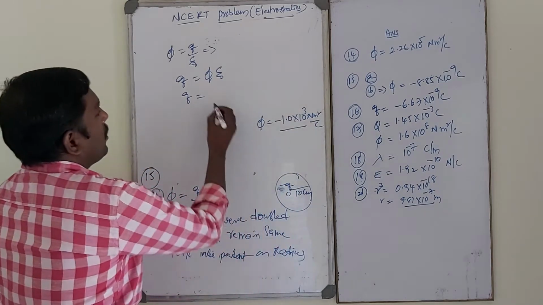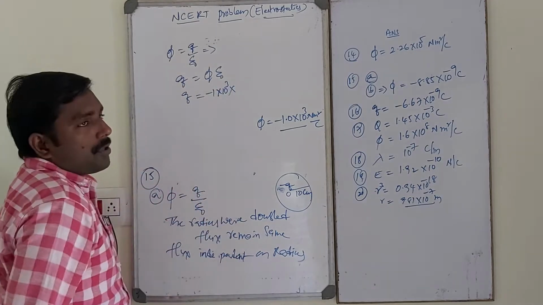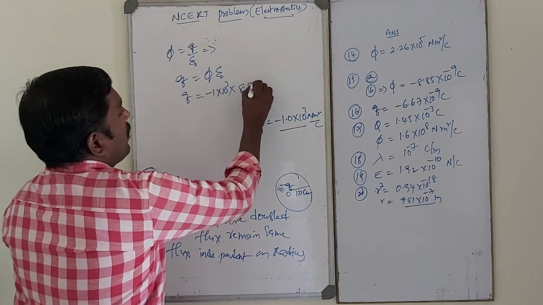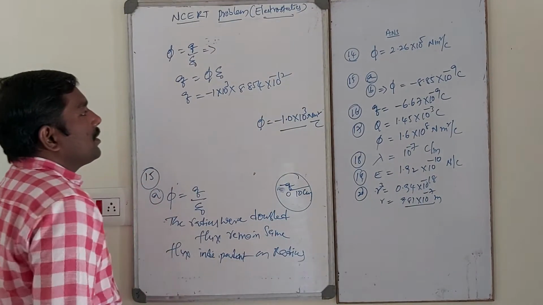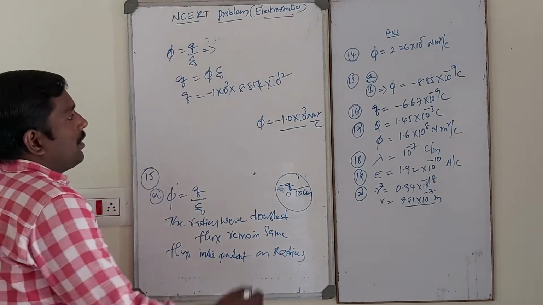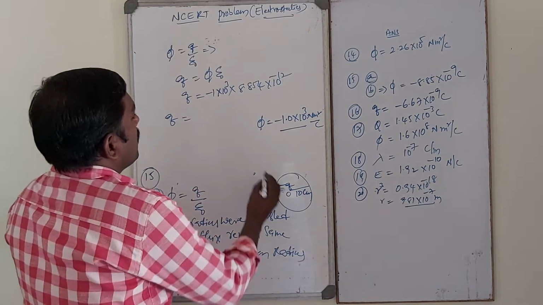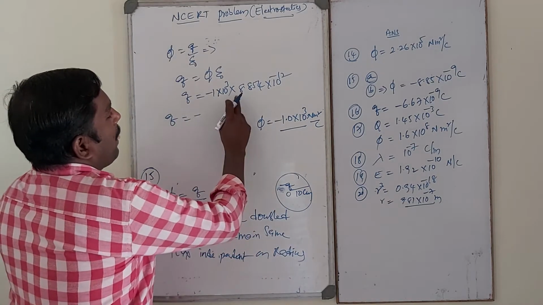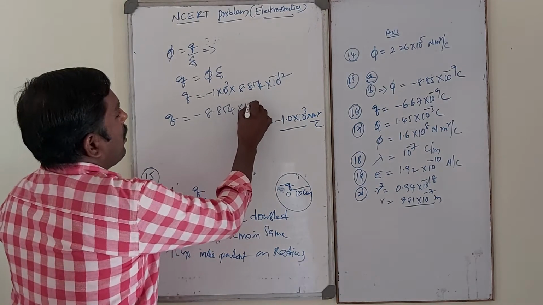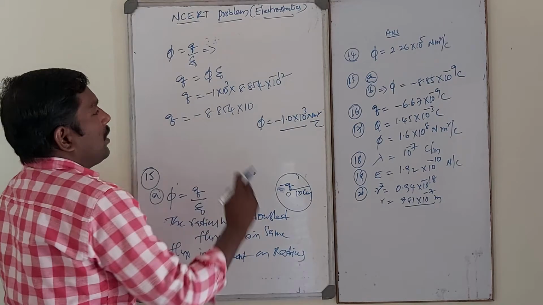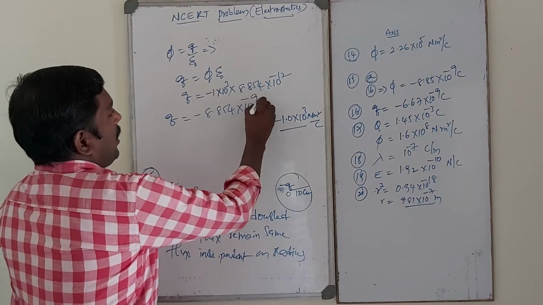This is the flux value. So minus 1 into 10 power 3 into epsilon naught, which is 8.854 into 10 to the power minus 12. Okay students, using a calculator, it is simply 8.854 into 10 to the power minus 12 plus 3, that is minus 9 coulomb.